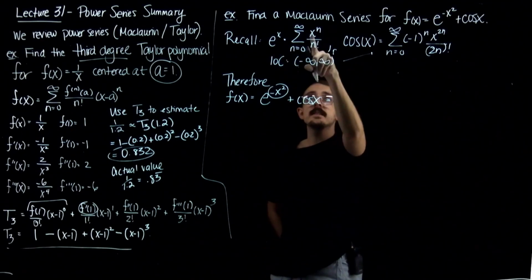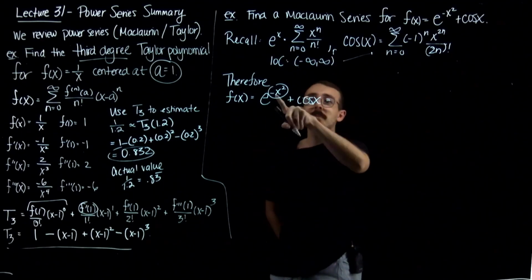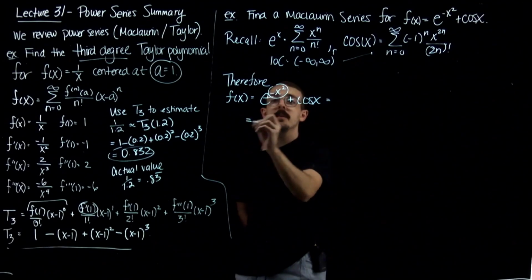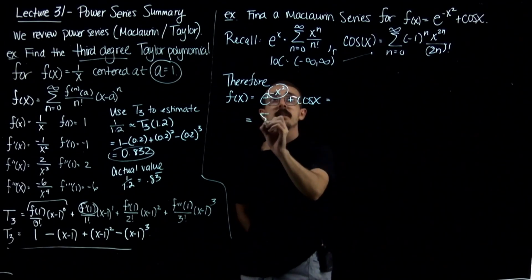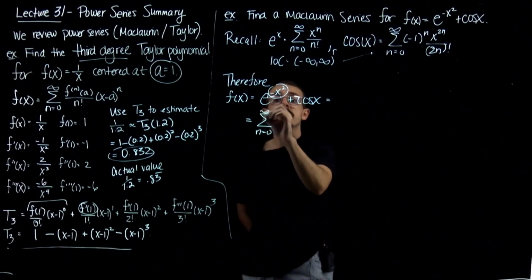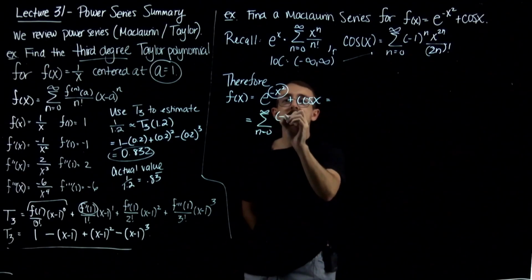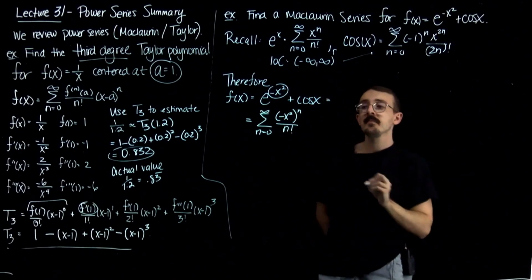There's only one x, right? It gets replaced with negative x squared. So I hope you're following that. So I write this series, summation n equals 0 to infinity. Instead of x, you plug in negative x squared to the n. So that's what x becomes. Everything else stays the same.